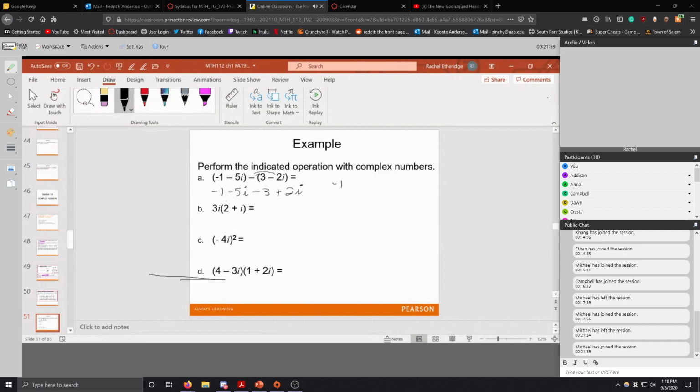So we have -1 minus 3. We can put those together. And then we can put -5I plus 2I together. And that gives us -4 plus -3, so minus 3I.